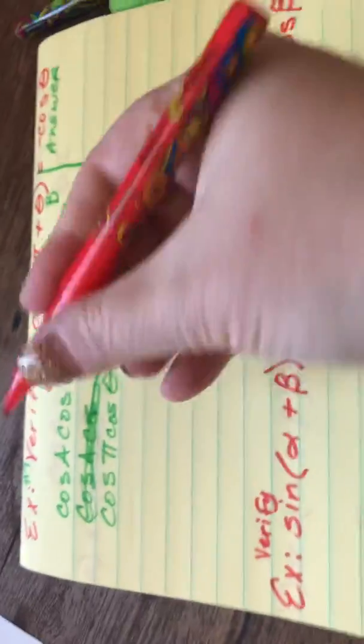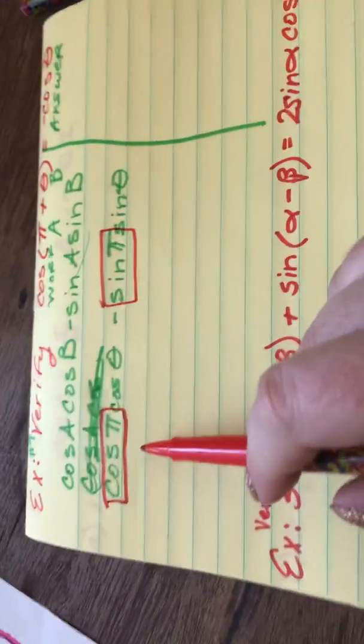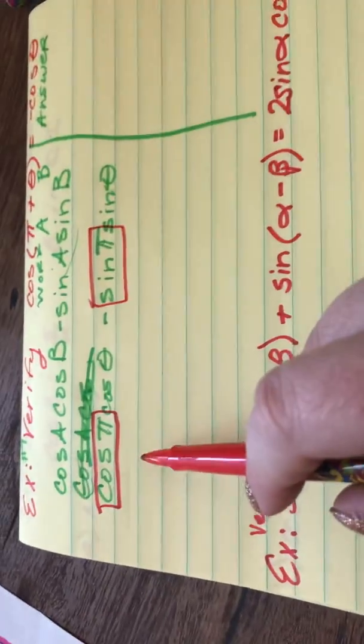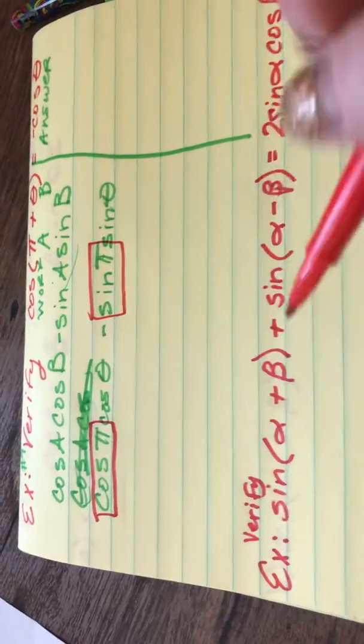I know what cosine of pi and sine of pi is. Let's find it. Cosine is the x value. The x value at pi is -1.